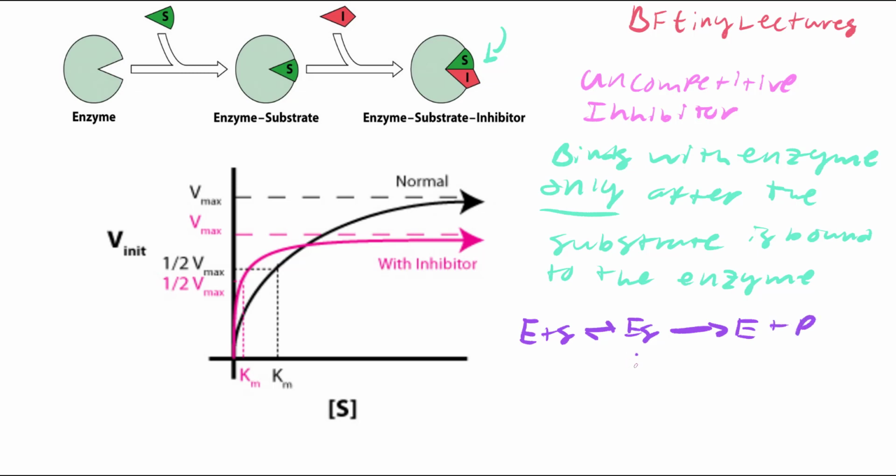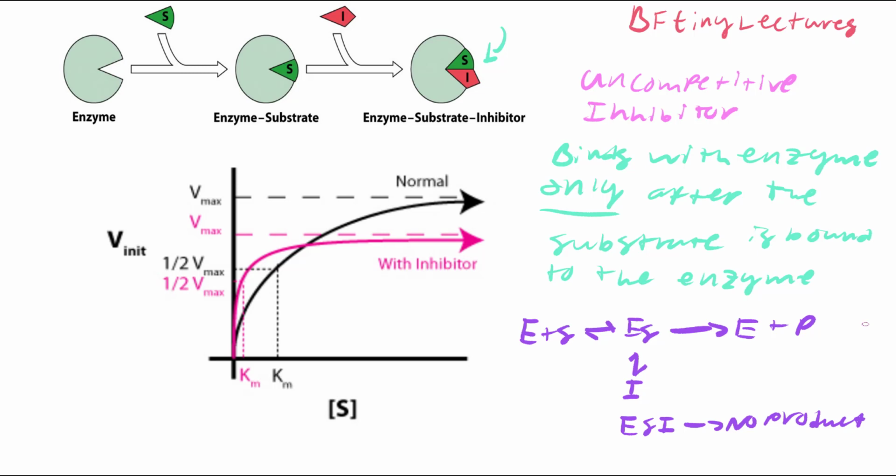But sometimes this happens where the inhibitor joins in halfway, so now you have the ESI, and we know that the ESI is never going to make a product. Okay, so yeah, it's very annoying how that happens, right? So it only happens when the substrate is bound with the enzyme, okay?